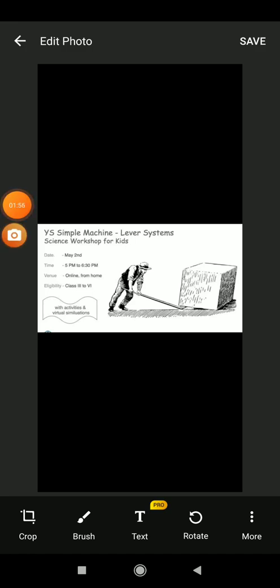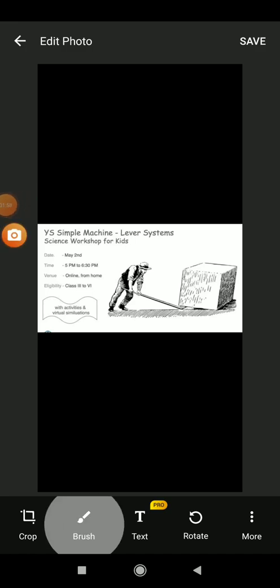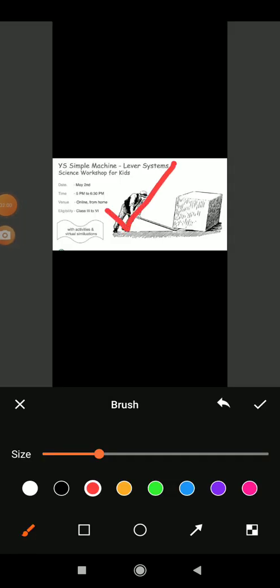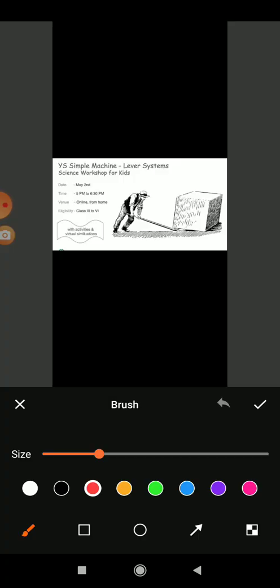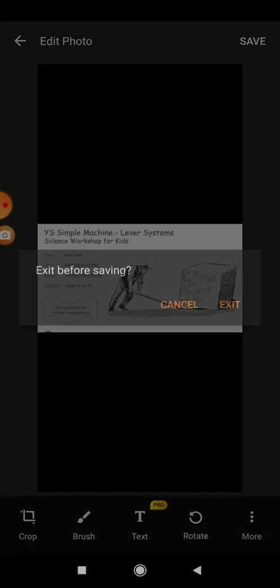Here he is applying the force, so it will be the input. Then the load will be here, and where the fulcrum is, here in the middle the fulcrum will be there, right?